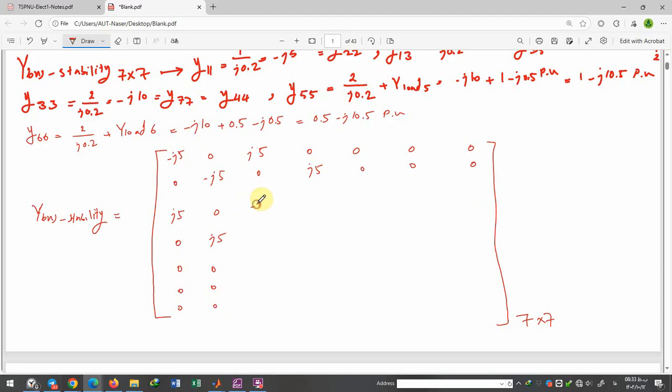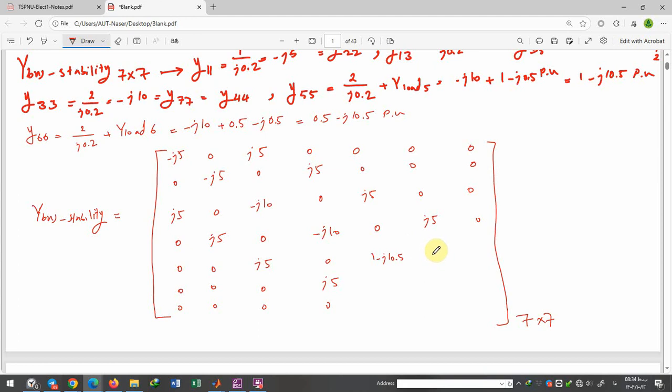Y33 is minus j10, 0, j5, 0 0 0, j5, 2 zeros. Then minus j10, 0, j5, 0 0, j5, 0, and Y55 is written here, 1 minus j10.5 per unit.